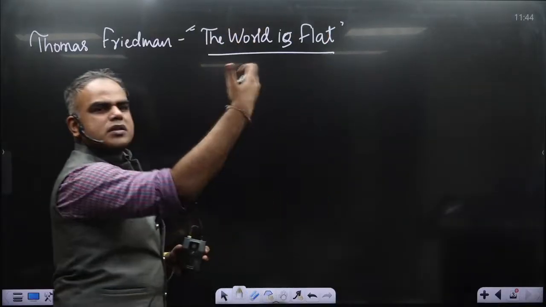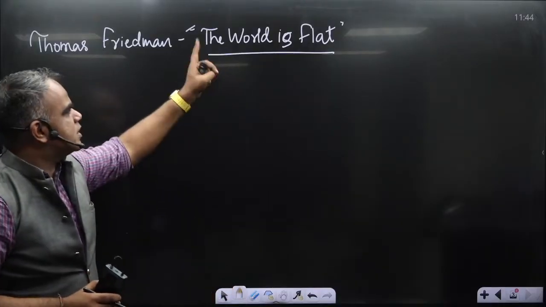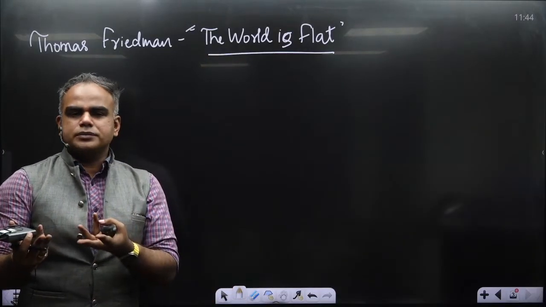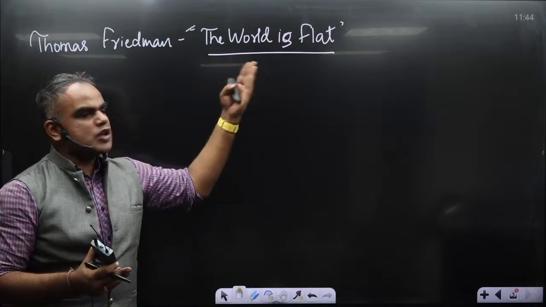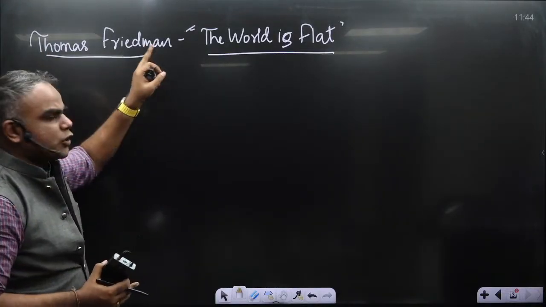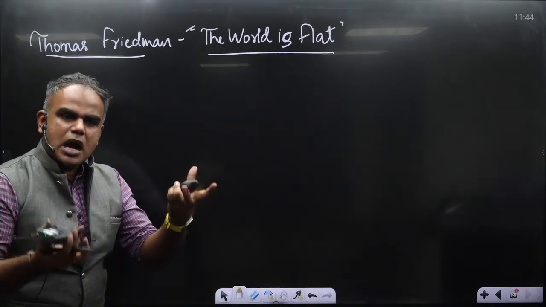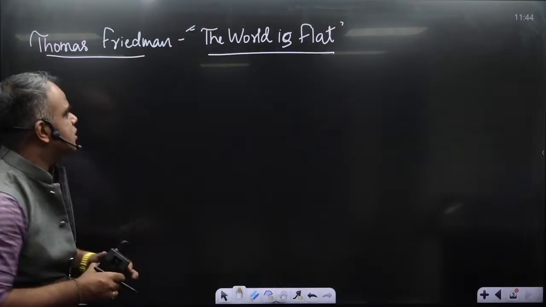You see this book in a lot of stores. The moment somebody says the world is flat, what do you think? This person is going to support globalization. He will talk about it. So Thomas Friedman, we wrote in the context of globalization, hyper-globalization, and how state sovereignty and globalization interact.